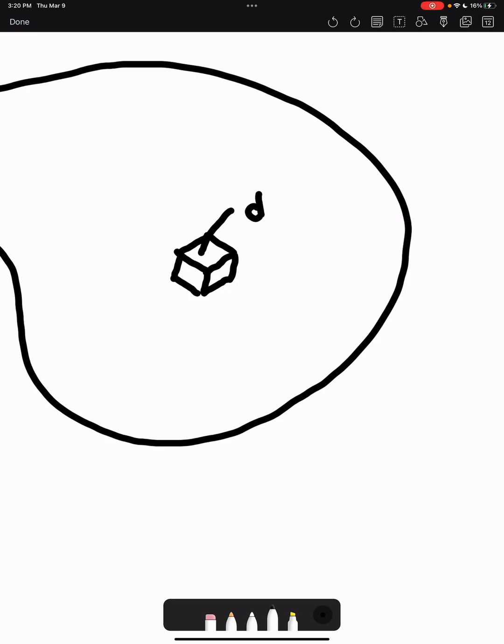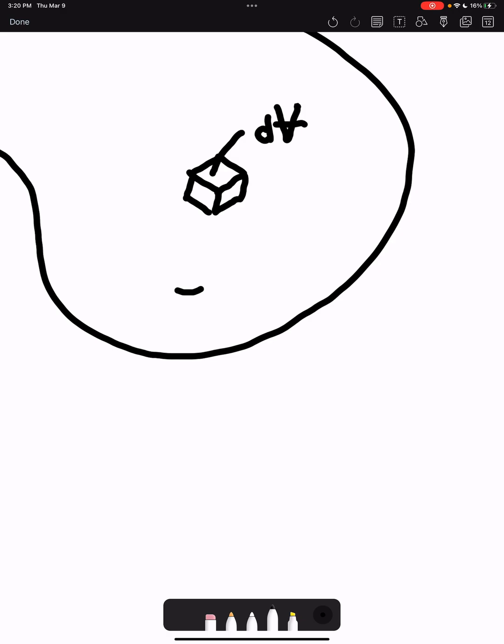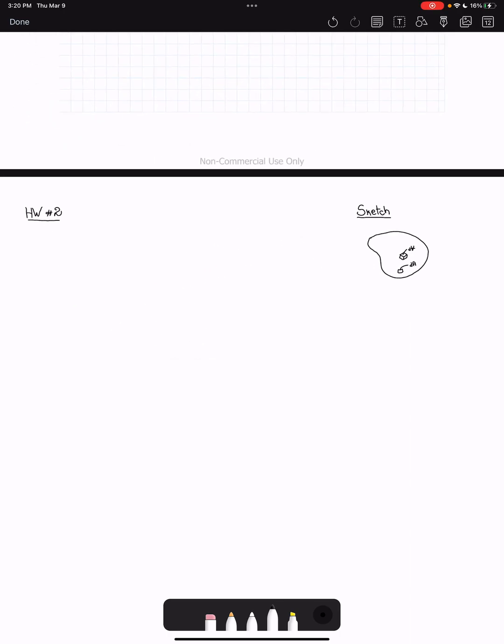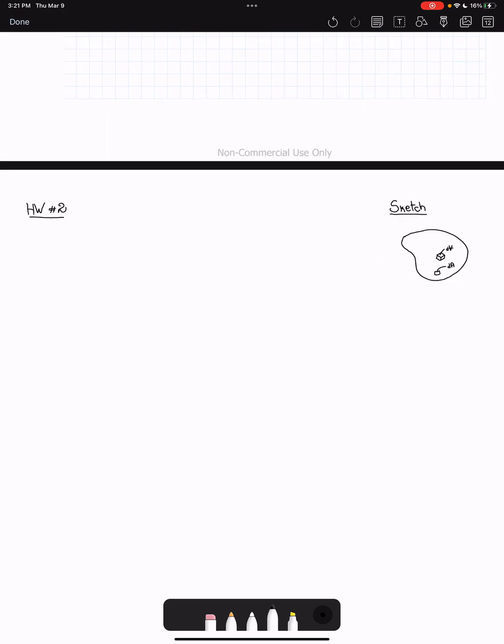So this one is going to be dV with the bar, which means volume. And then you're going to have a little patch of surface here, indicated by dA. So now let's get to work.